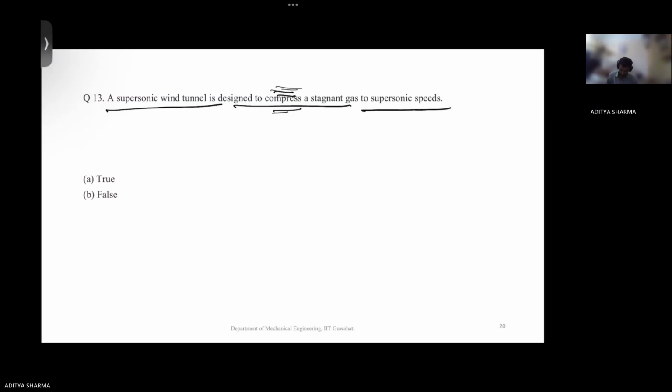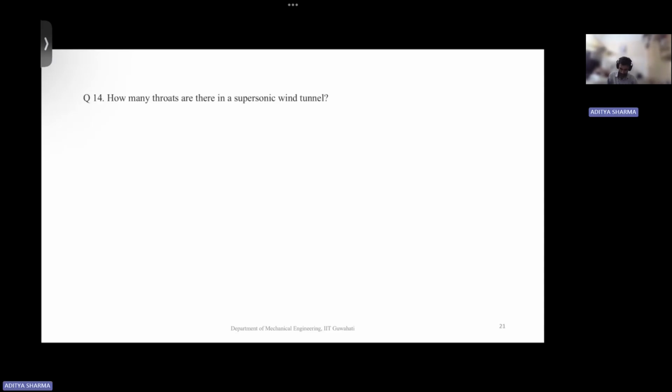So this becomes a false statement. Then question number 14: how many throats are there? There are two throats, right? B option is the correct option. I hope this is clear.